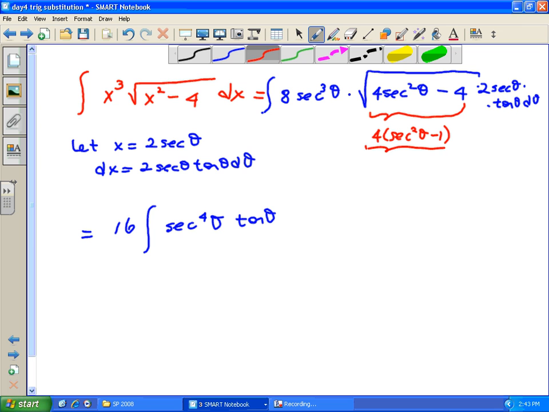And secant squared minus 1 is tangent square. So what we have is really 4 times tangent square under the square root. Now think about taking the square root of that quantity, and that should be 2 tangent theta. So we had to take the square root of these expressions, which turns out to be 2 tangent theta. That's what I will use in the next step.